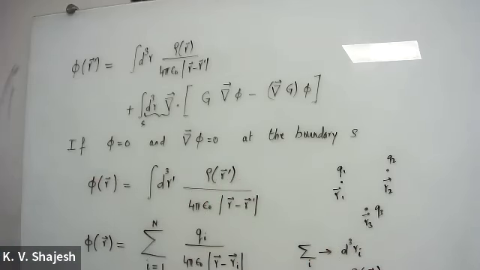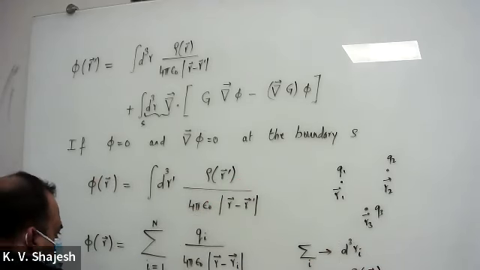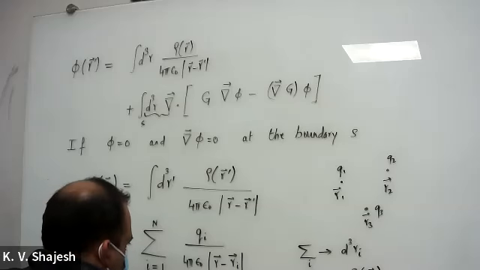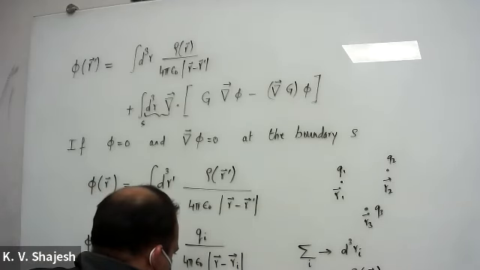So the idea is that this is nothing but your superposition principle, which is the Green's function. So if you want to say it in this form, this is the Green's function times rho of r prime over epsilon naught.